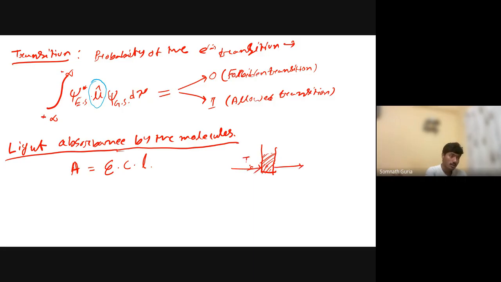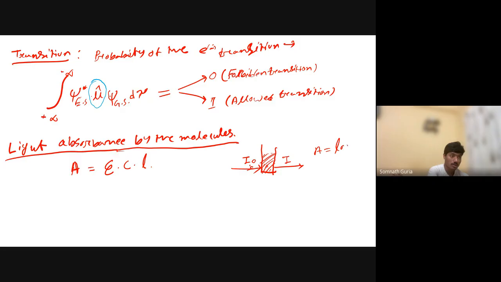Initially my incident light is I0, and after passing through, this becomes I. So this absorbance is actually a logarithmic value.